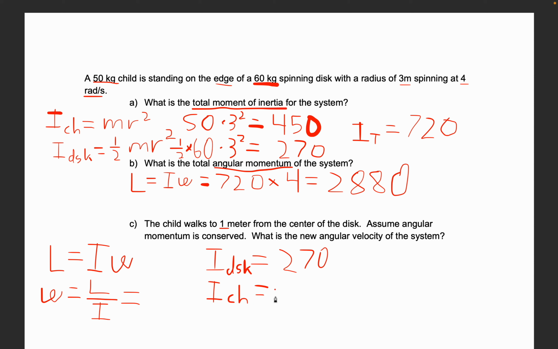So we go mr squared, and we are going to take the mass of the child, which is 50 kilograms, times our new radius squared, which is 1. 1 squared is, of course, 1, and so our new moment of inertia for the child is just 50, which means our new moment of inertia total is 270 plus 50, which equals 320.